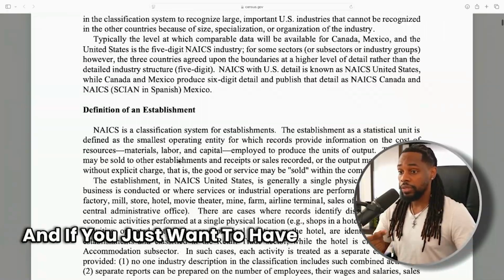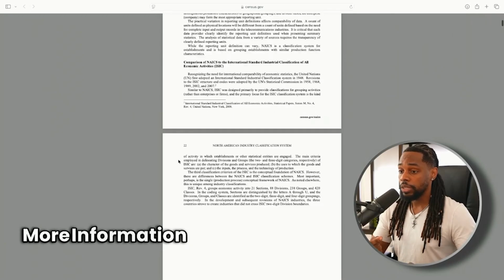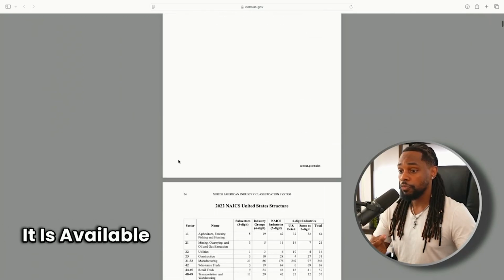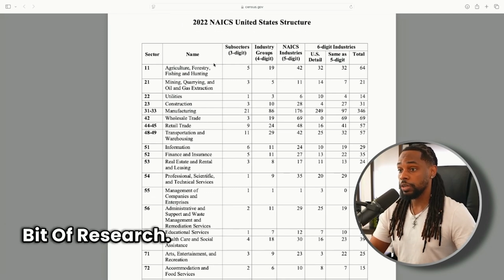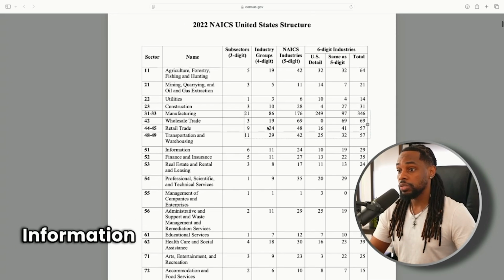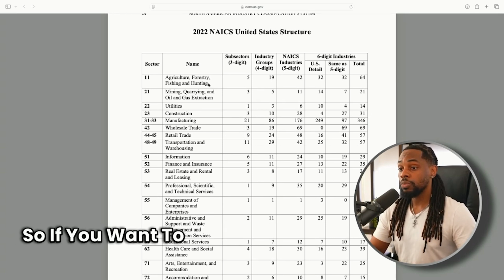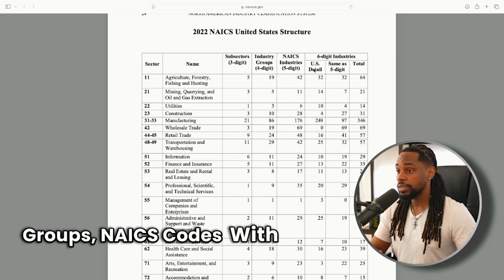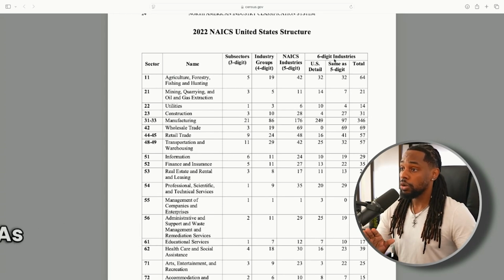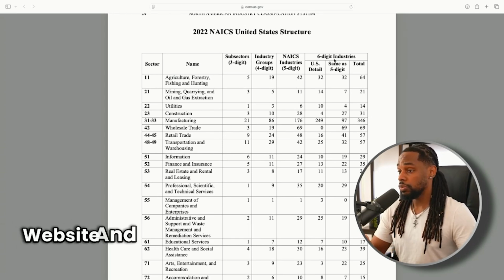All this information is free. It just takes a little bit of research. As of 2022, that's the last time this information was updated. So if you want to know more about subsectors, industry groups, and NAICS codes with details, you can get this as a hard copy from this website and download it.